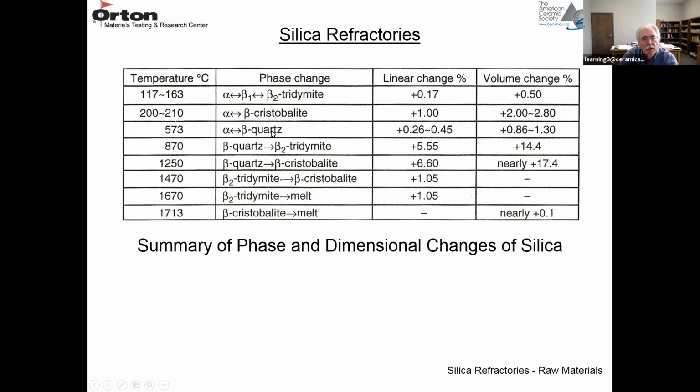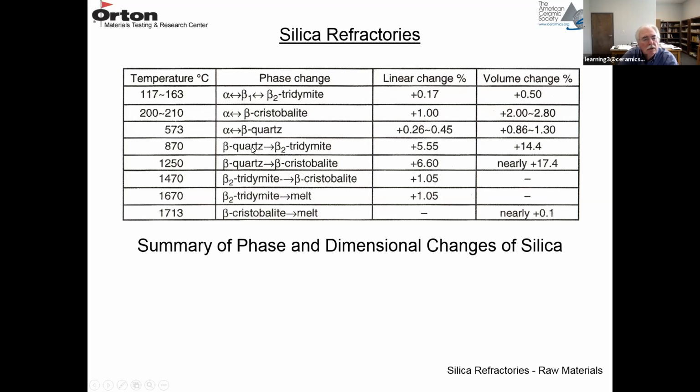At 573 is the alpha to beta quartz transformation. The linear change is about 0.26, maybe 0.45%, and the volume change is around 1% or a little higher.